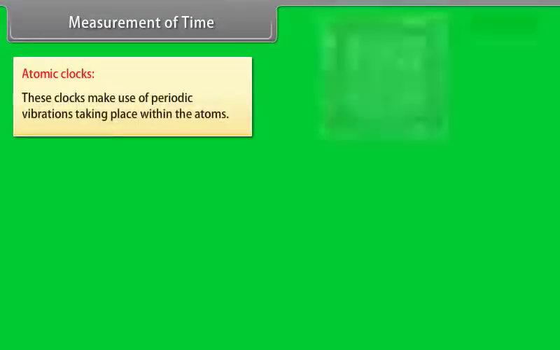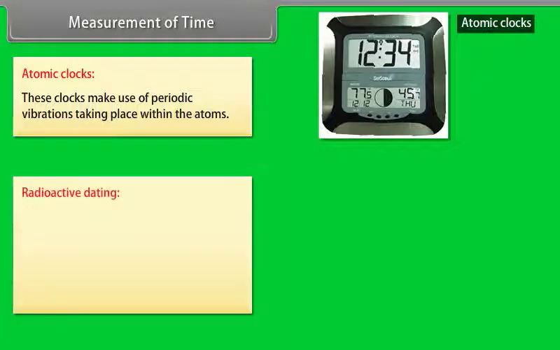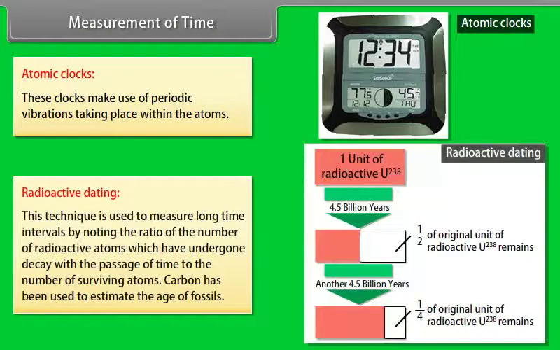Atomic clocks: these clocks make use of periodic vibrations taking place within the atoms. Radioactive dating: this technique is used to measure long time intervals by noting the ratio of the number of radioactive atoms which have undergone decay with the passage of time to the number of surviving atoms. Carbon has been used to estimate the age of fossils.